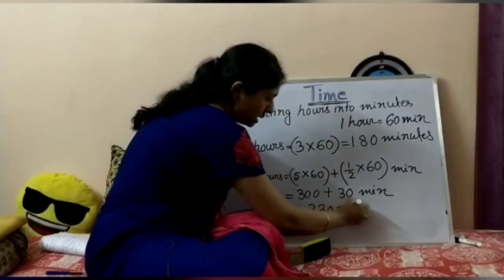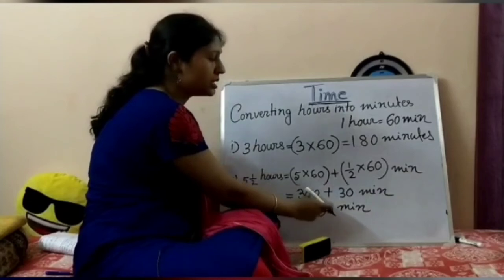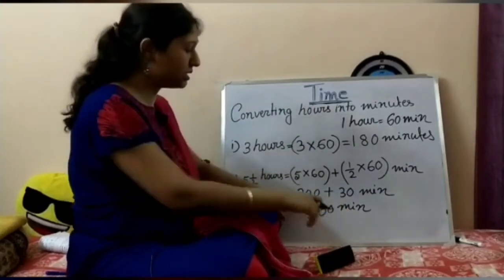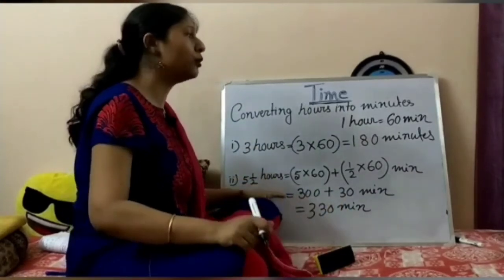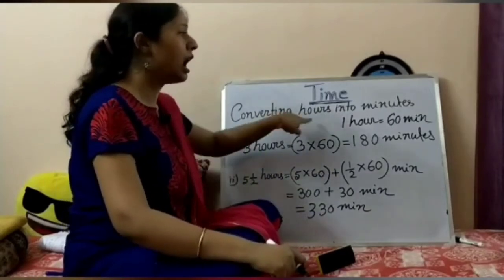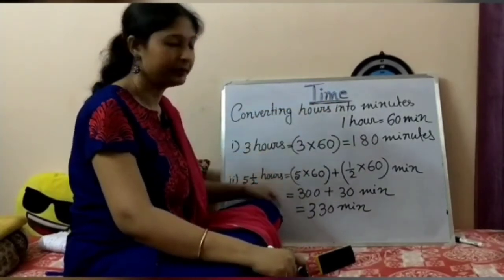So it came 330 minutes after this addition. This is the way we can easily convert hour to minute.